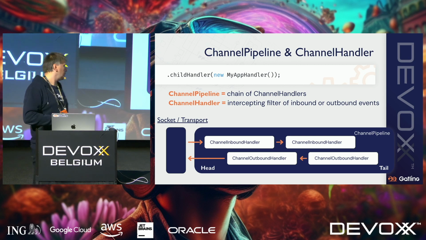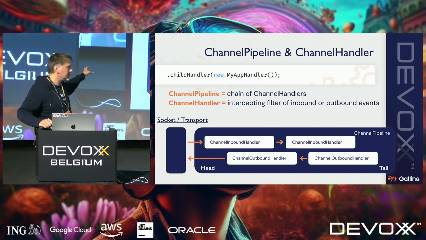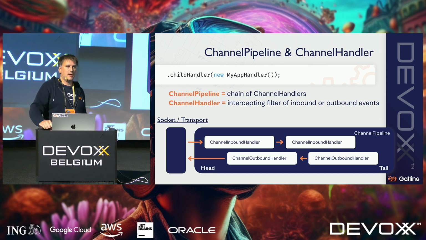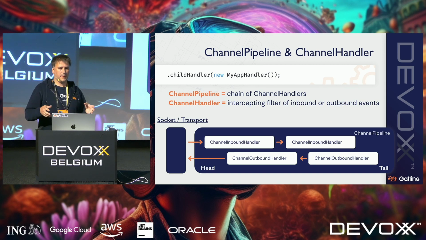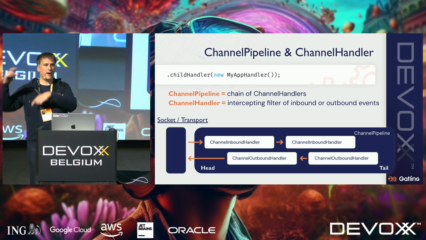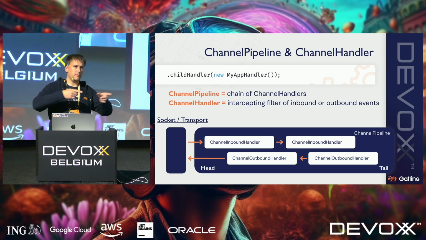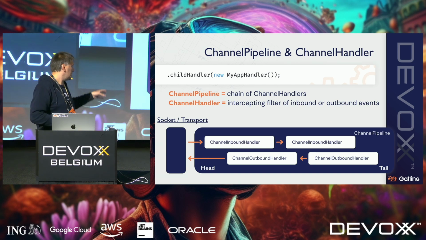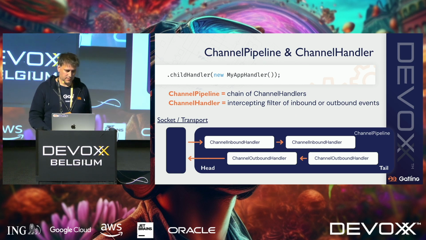If you have some work coming from the socket, it is handed over to the first inbound handler, which might transform something and pass a new object to the next inbound handler in the pipeline. Then at some point you might want to write back on the channel, and it will go through all the available channel outbound handlers, possibly being modified, to ultimately result in writing bytes onto the channel.